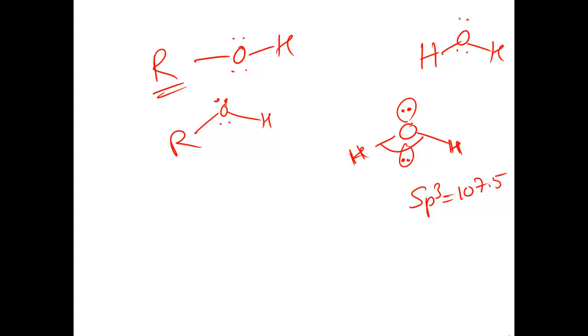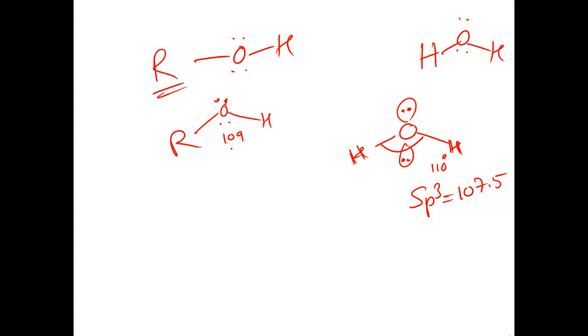Here we have two lone pairs, they repel each other, so the bond angle in water goes to around 104, not sure what exactly the number is. But in alcohols the bond angle goes to the higher side, which is around 109, because now we have another bunch of electrons. When you are trying to force bigger groups, the bond angles change.